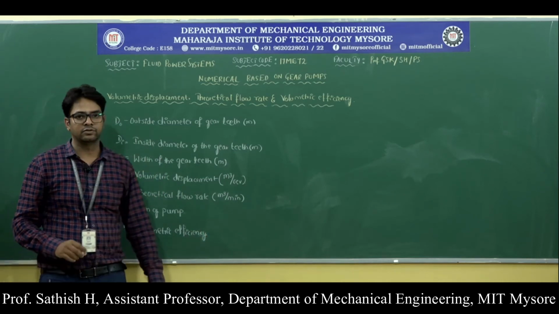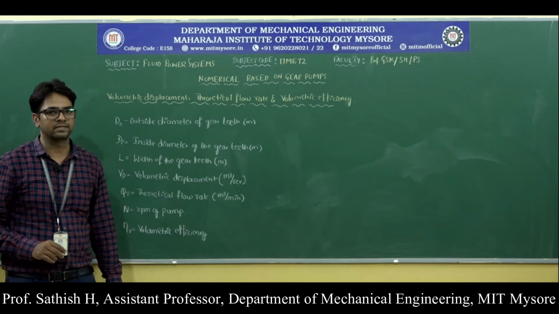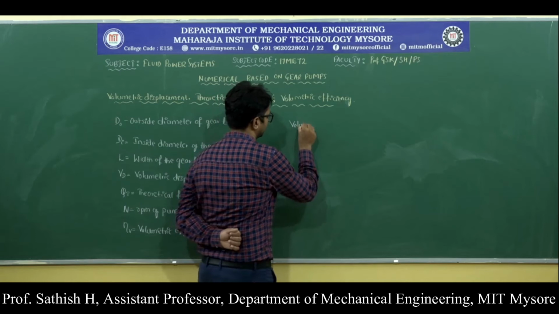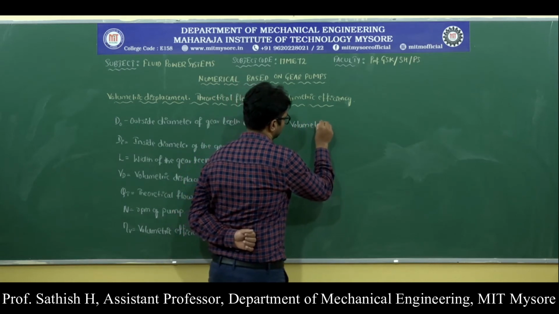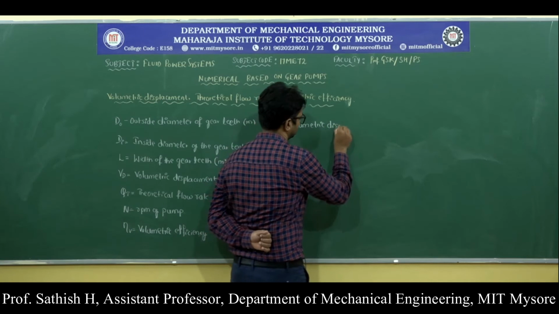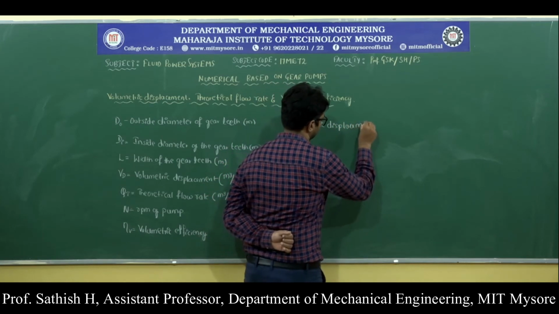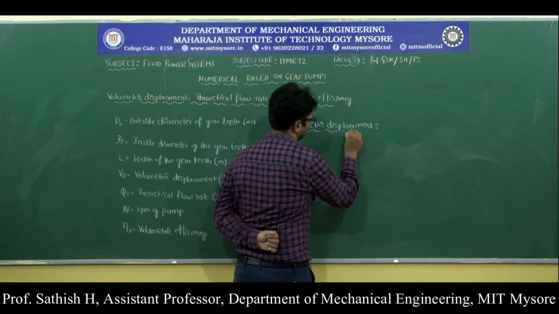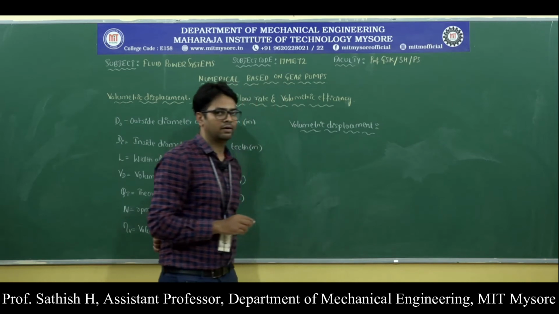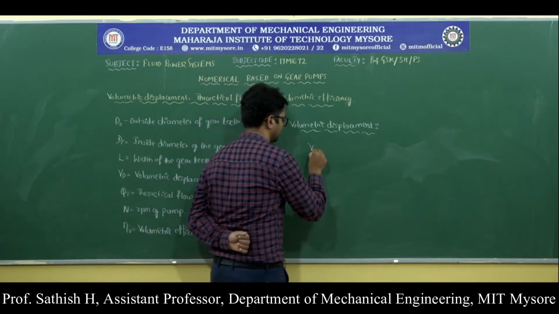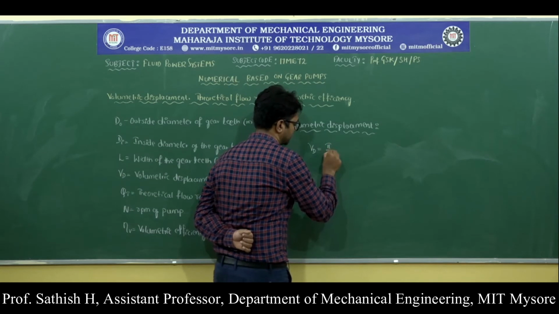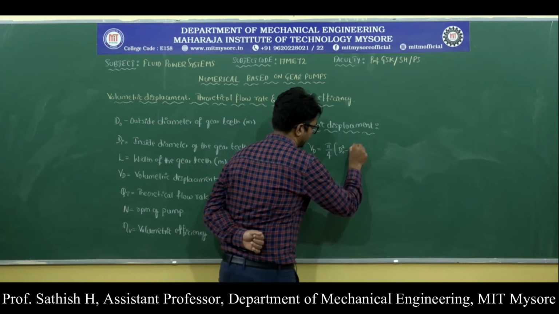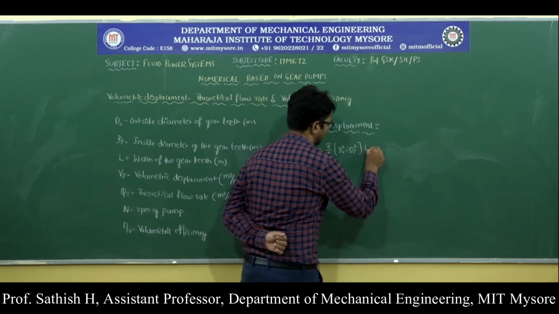So let us try to write an expression for the volumetric displacement of the gear pump. The volumetric displacement Vd is equal to pi by 4 times d naught square minus di square, the whole thing multiplied by L, okay.